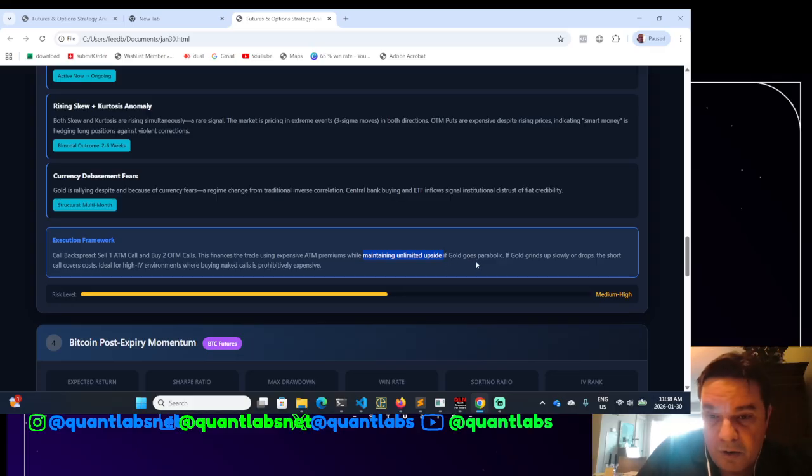Okay. If gold goes parabolic, you profit. If gold grinds up slowly or drops, the short call covers the costs. So you're kind of neutralizing the risk here on the downside. Ideal for high IV environments where buying naked calls is prohibitively expensive.